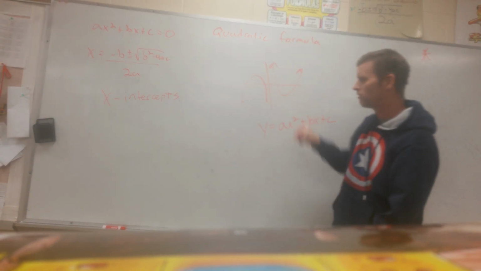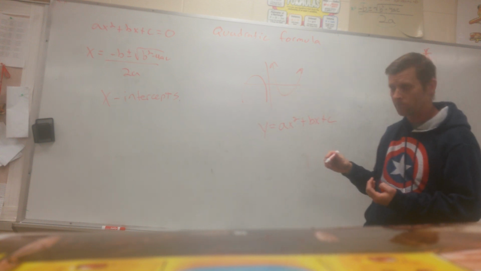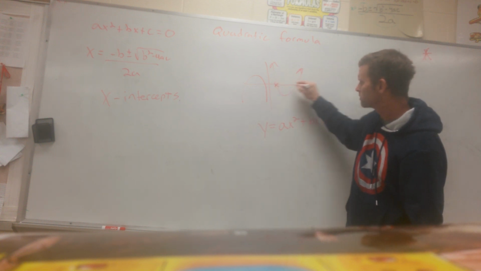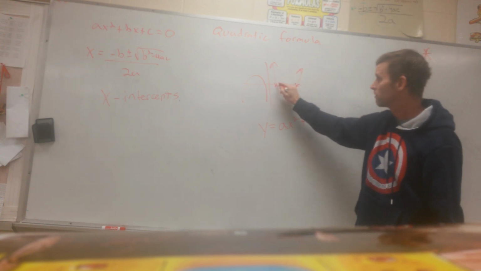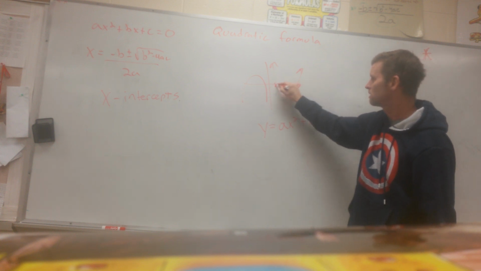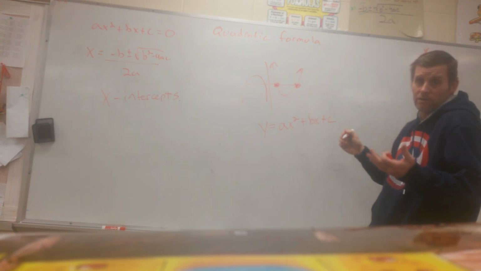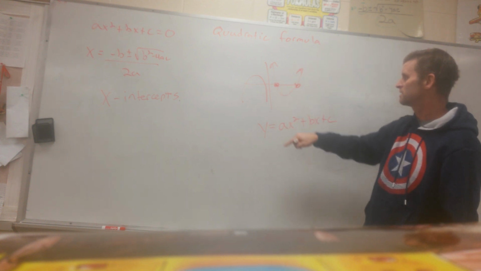Sometimes it curves down. We'll talk more about why it curves down or why it curves up, but x-intercepts are right there. Okay. And right where the graph crosses the x-axis, the points where a graph, any kind of graph, parabola, line, or whatever, where the graph crosses the x-axis.